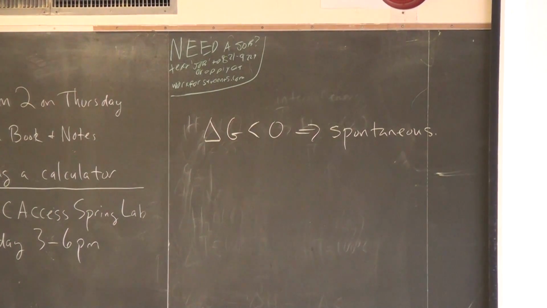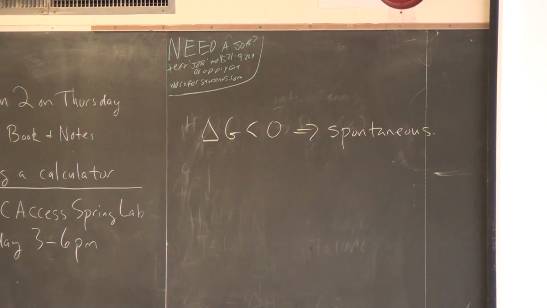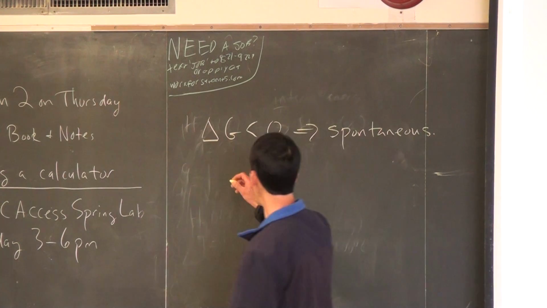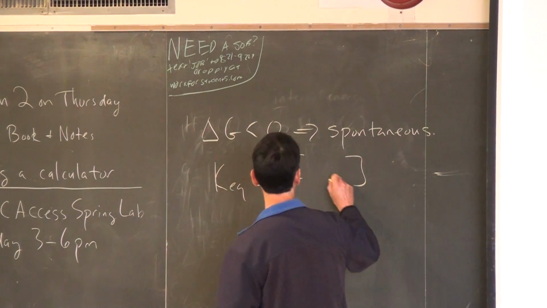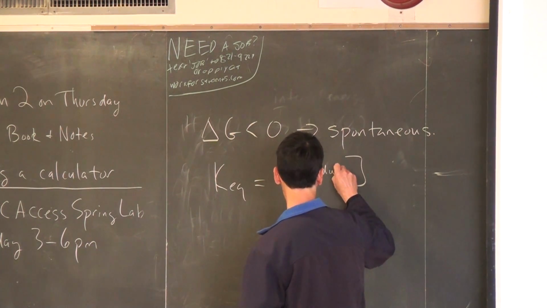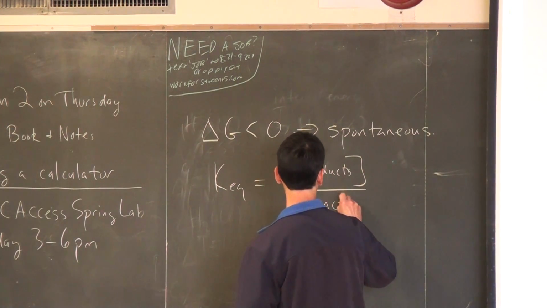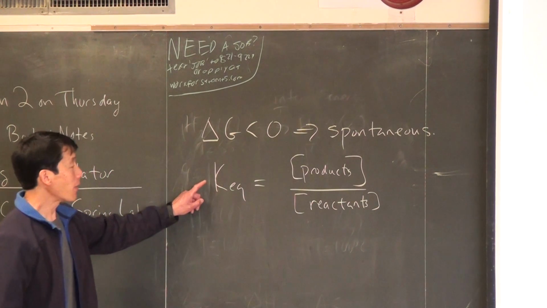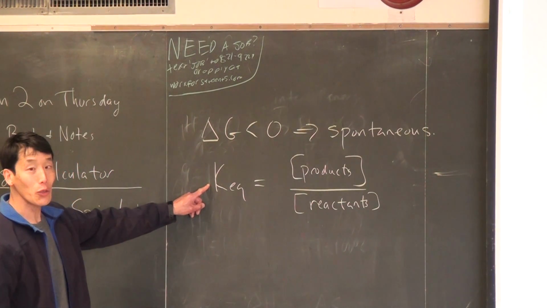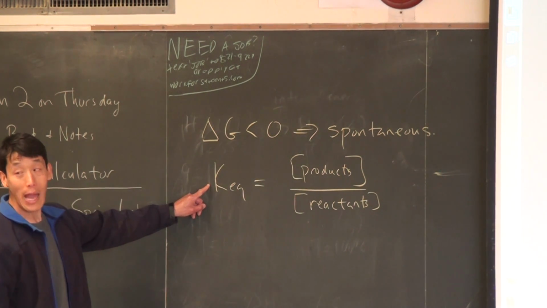Now what does KEQ tell us? We know that the equilibrium constant tells us the ratio of the concentration of the products divided by the reactants. So if a reaction has a large KEQ, that means that there's more products or more reactants?